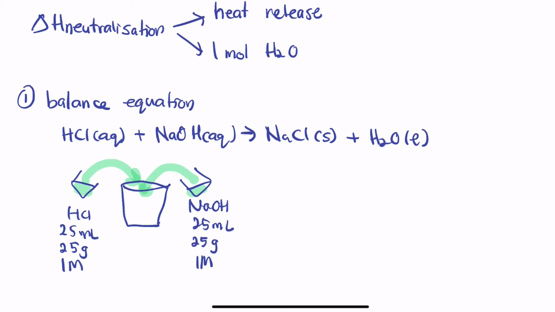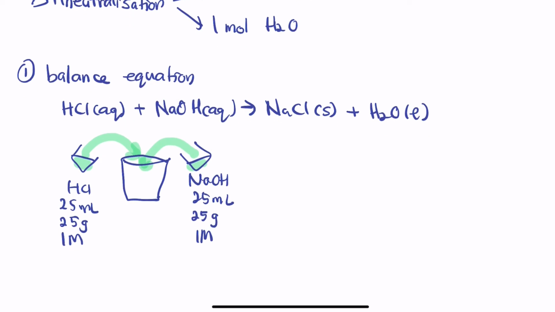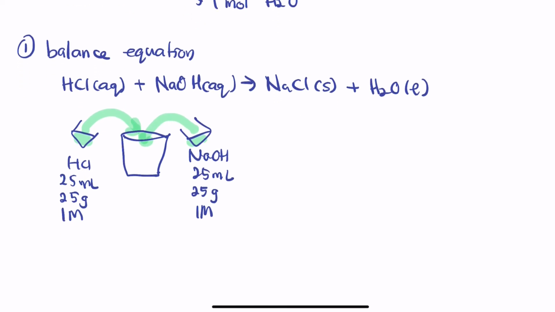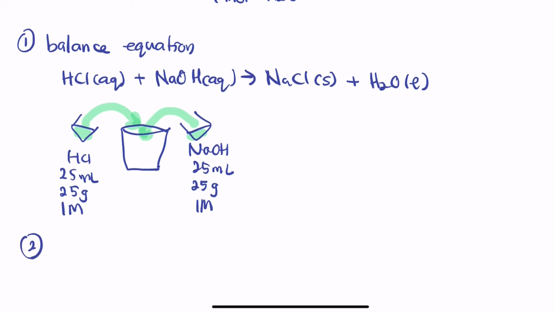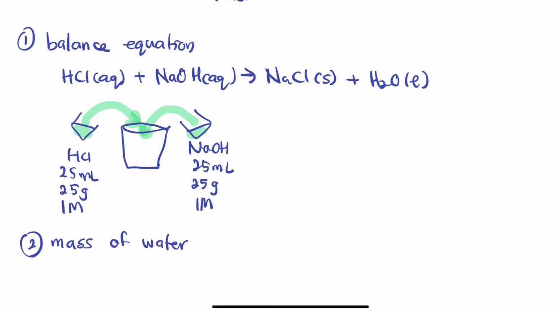Okay, so next, after you balance the equation, you need to calculate the mass of water. Since the water is produced when acid reacts with base, the mass of water is the total mass of acid and base.